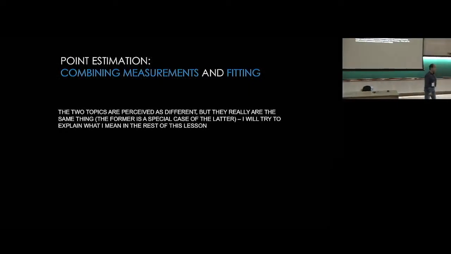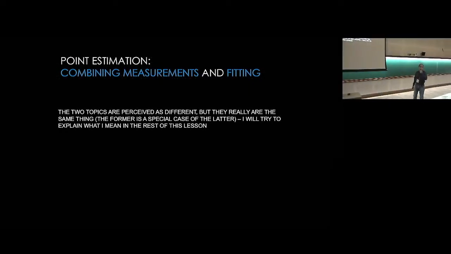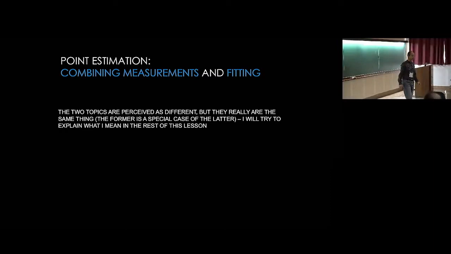Okay, welcome back. So let's get into point estimation, which is a statistical term, and we, as physicists, rather talk about fitting. So you have some data, you have a model.